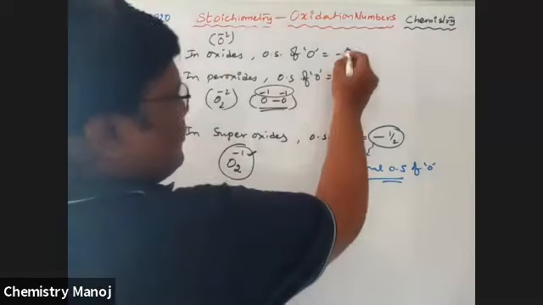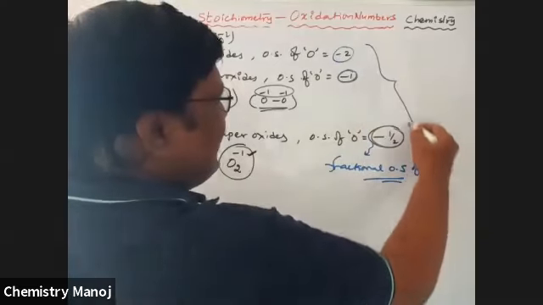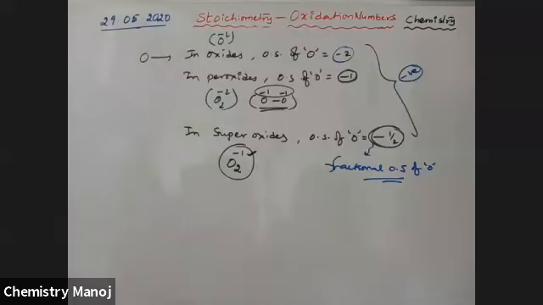See here, this is -2, this is -1, this is -1/2. In all these cases, the oxidation state is negative.